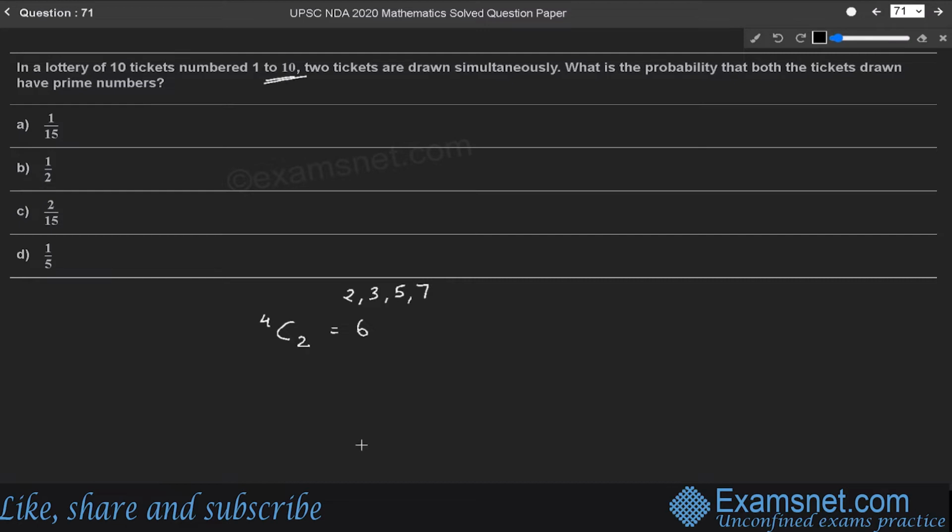You can see that in total there are 10 numbers. So the number of ways of selecting 2 numbers out of 10 numbers will be 10C2, which is equal to 45. Now the required probability will be equal to 6 upon 45, which gives 2 upon 15. So the correct answer for this question is option number C, which is 2 upon 15.